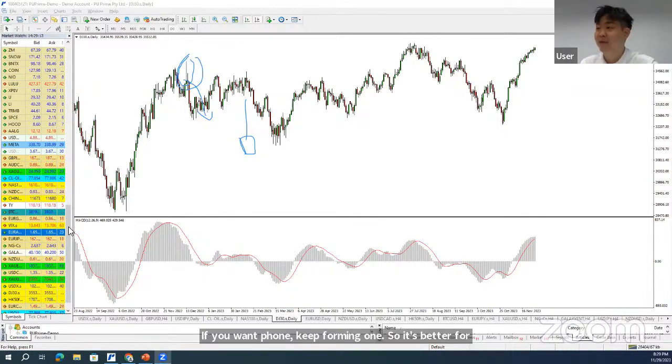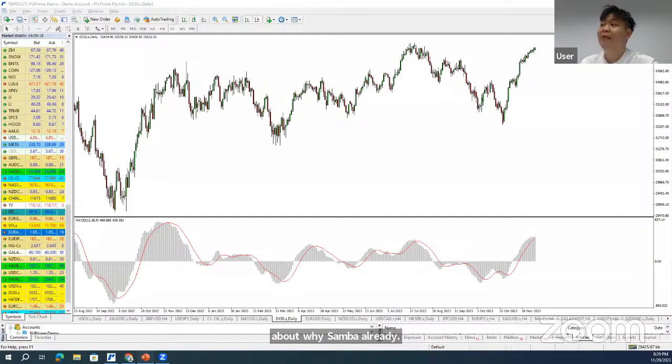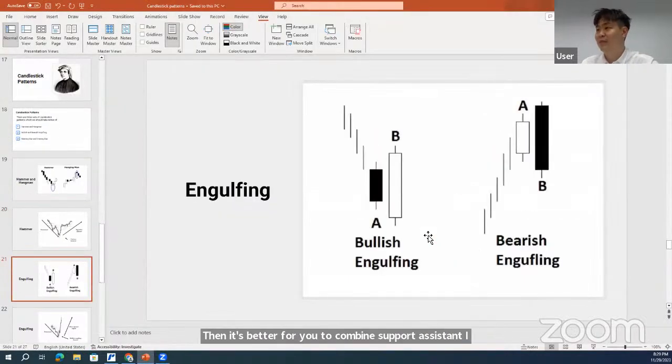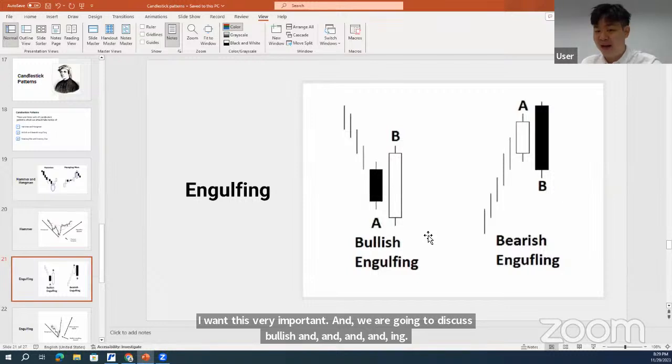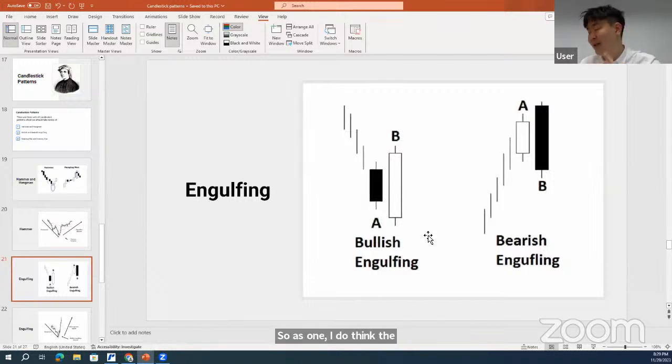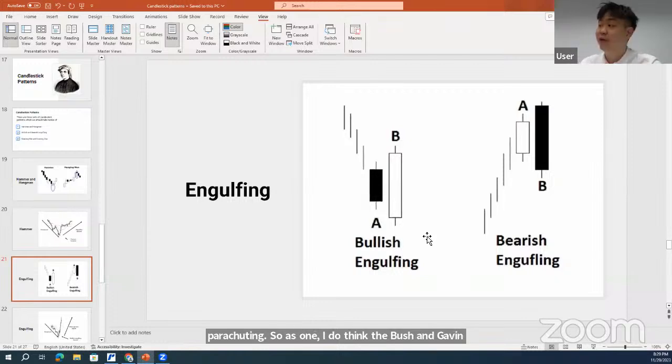Okay, so you now have a brief understanding of what a hammer is, and it's better for you to combine support and resistance level. This is very important. Engulfing: we are going to discuss bullish engulfing and bearish engulfing. I do think the bullish engulfing and the bearish engulfing are very good for us to look at the charts and identify the trend reversal.